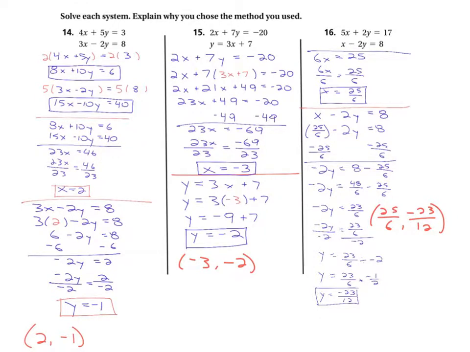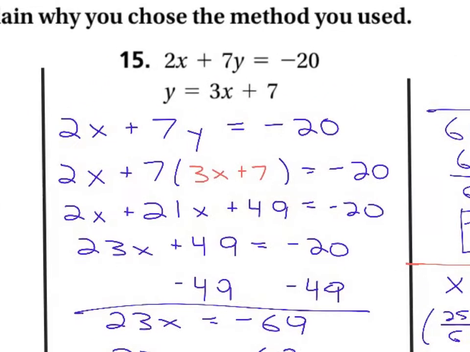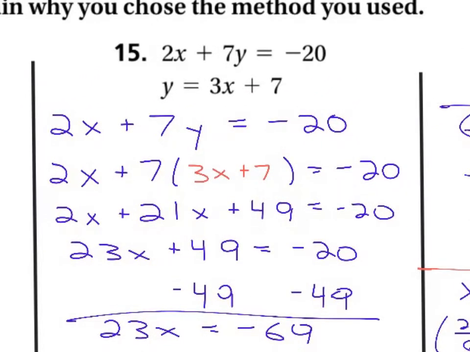Now, for this next one, I'm going to zoom in on this one. I'm sorry if the zooming in and out is challenging to view, but I see that for this one, we've already got one solved for y, so that makes it easy to do substitution. So I take the 2x plus 7y equals negative 20 right here, and where I see y, I put in what y is worth.